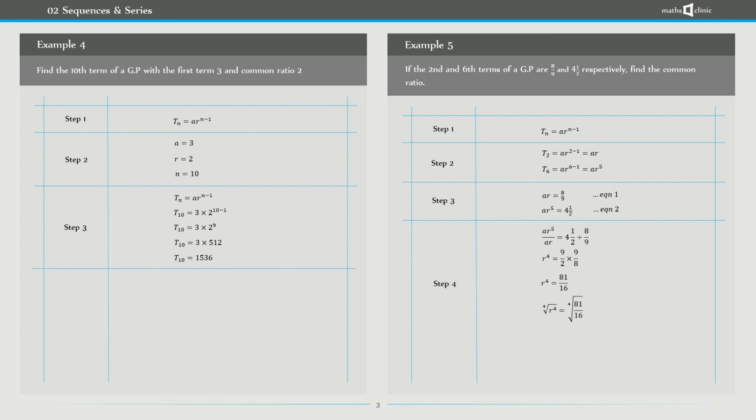When you solve that out, you find the fourth root of both sides, and you'd find that r equals 3/2, which is the common ratio of this geometric progression. Okay, let's move on to the next question.